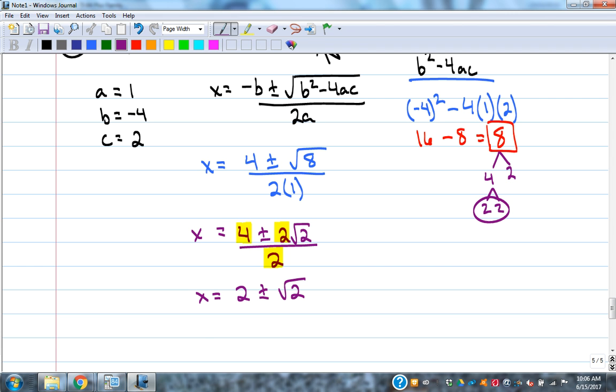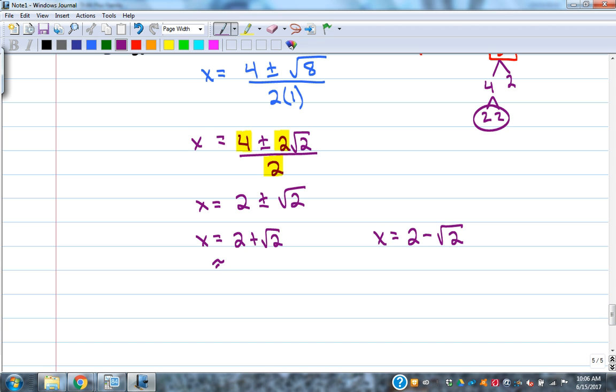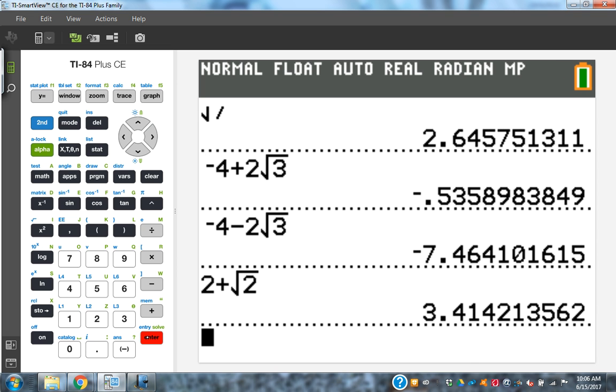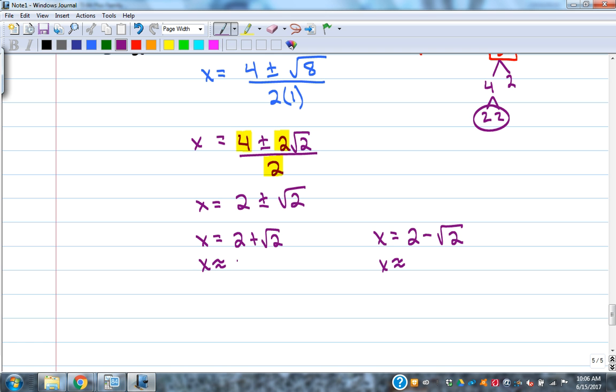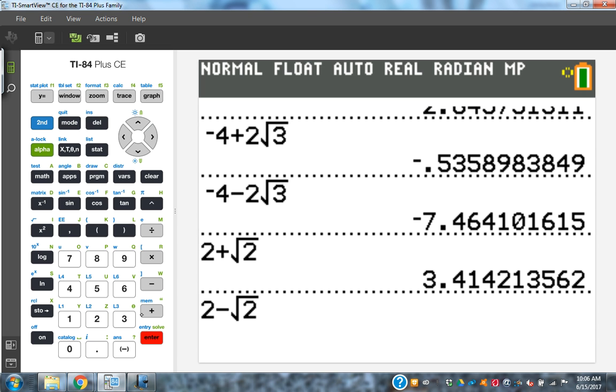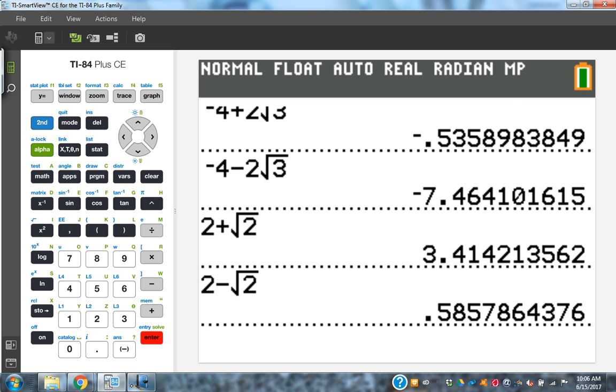So I've got two answers. I've got x equals 2 plus the square root of 2. I've got x equals 2 minus the square root of 2. I'm going to get the decimal approximation for each of those. 2 plus square root of 2 is 3.414. 2 minus the square root of 2 is 0.586.